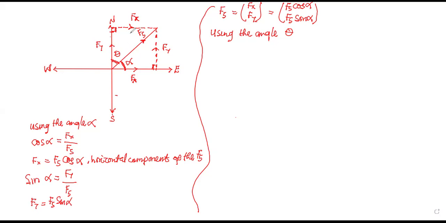So if I'm using the angle theta and I'm looking for Fx, must it be sine or cosine, class? Using the angle theta and I'm looking for Fx, must the trig ratio be sine or cosine?